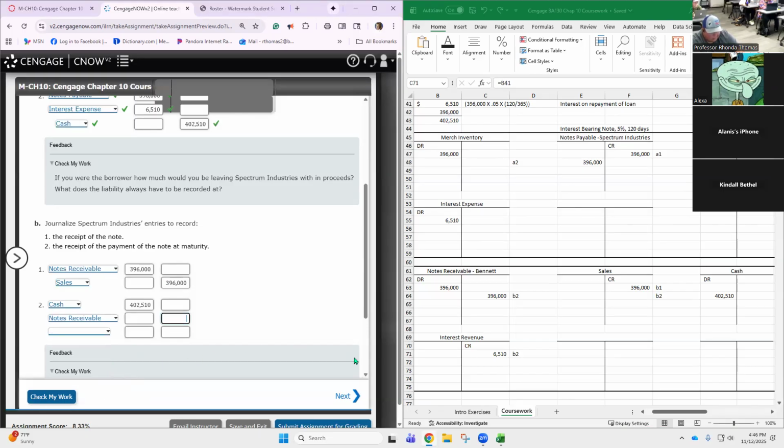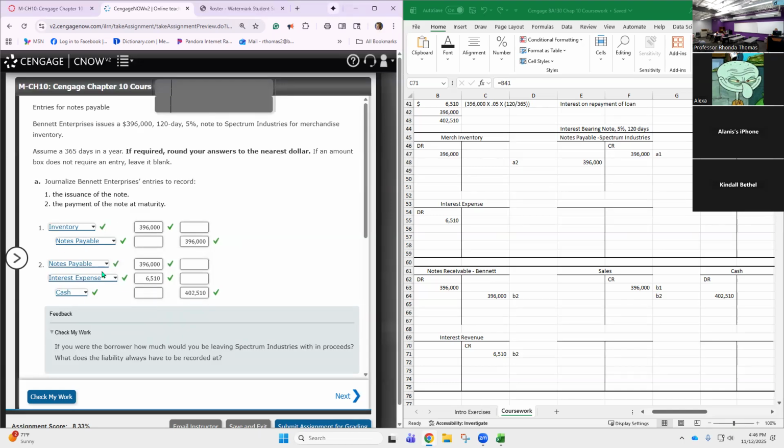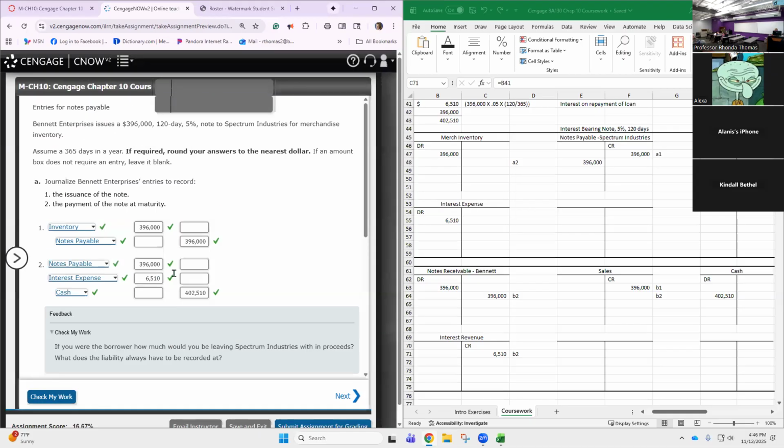So that's going to be a credit of $396,000, and then the interest revenue is the $6,510. Okay, interest revenue. So whoever the loaner is, they have the receivable and they have the interest revenue when it's paid off. Whoever the borrower is has the payable, and interest is an expense to them. So this is, I think, a pretty good exercise to get an idea of both sides of a note.